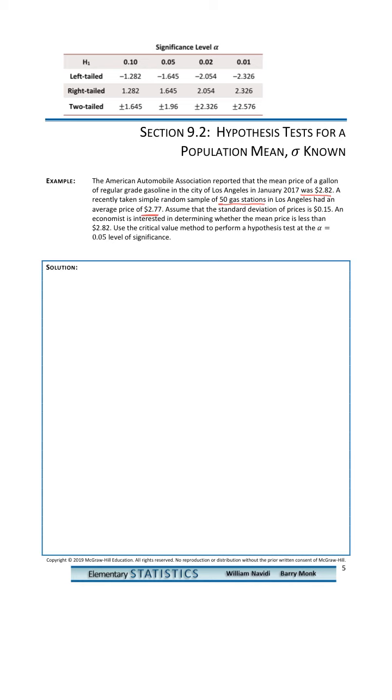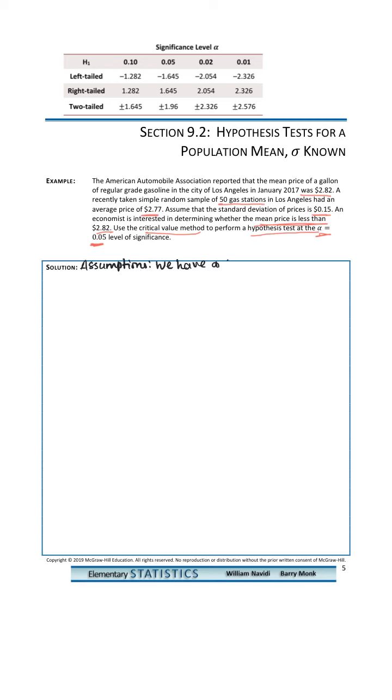Assume that the standard deviation is 0.15. An economist is interested in determining whether the mean price is less than 2.82. Use the critical value method to perform the hypothesis test at the significance level alpha equal 0.05.